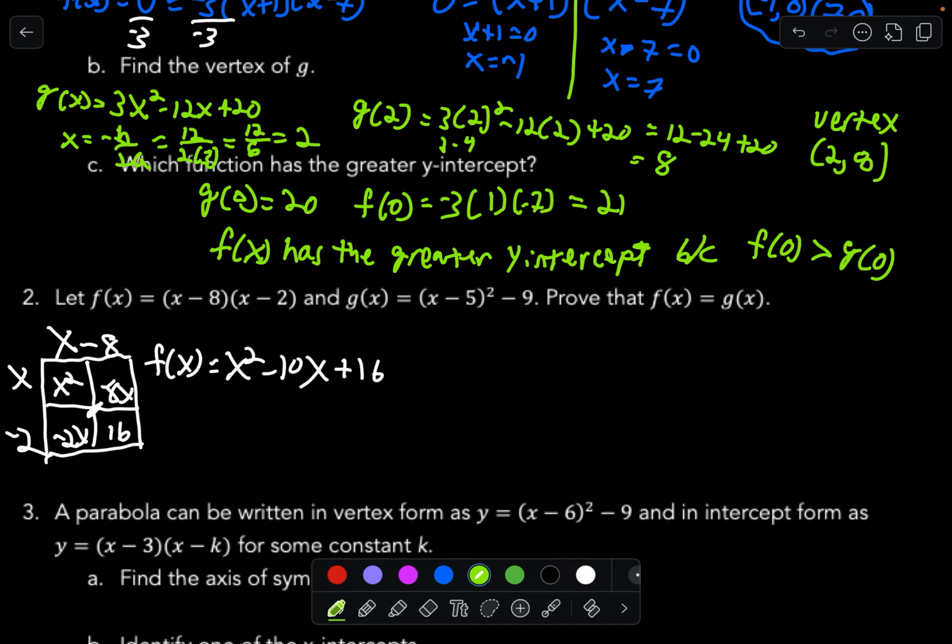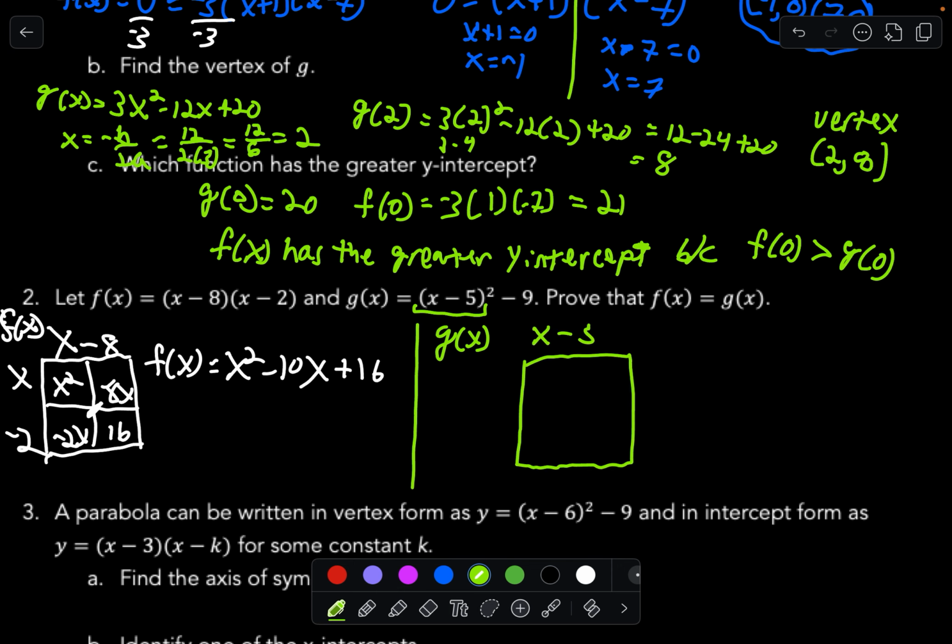Now, we do a similar thing for g of x, except we have to expand the x minus 5 squared. Again, the white over here was f of x. This yellow is going to be g of x. Well, we have to expand the x minus 5 squared, which literally means we're multiplying x minus 5 and x minus 5. Same idea.